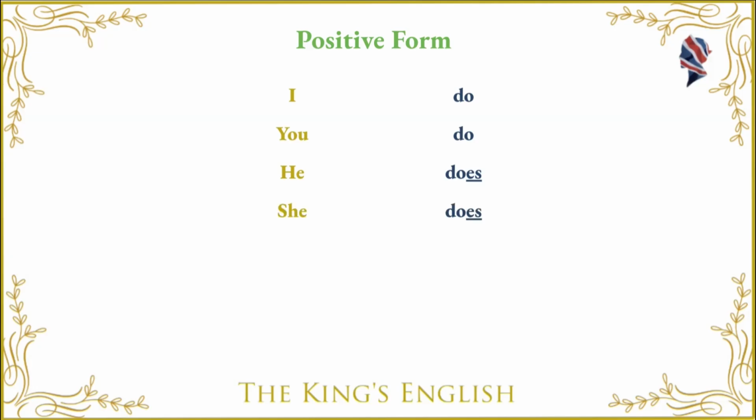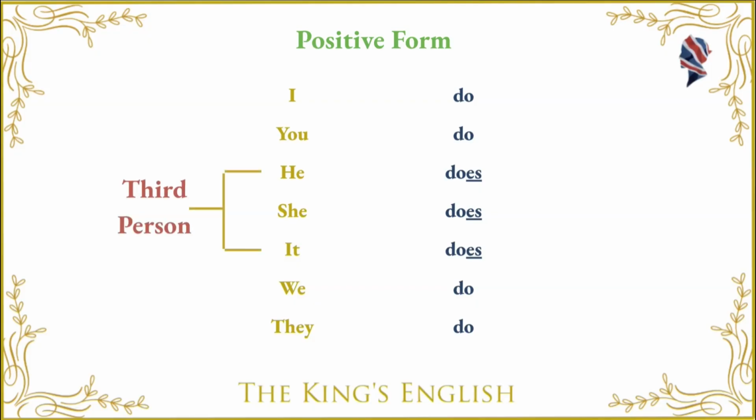She does. It does. We do. They do. So the third person, he, she, it does. So we take the do and we add es.